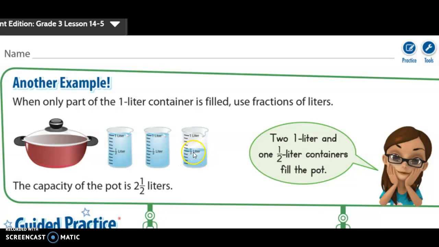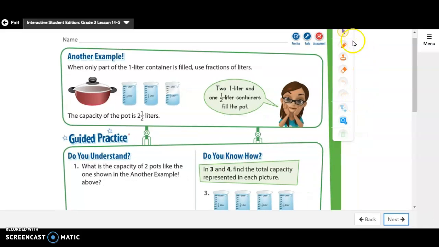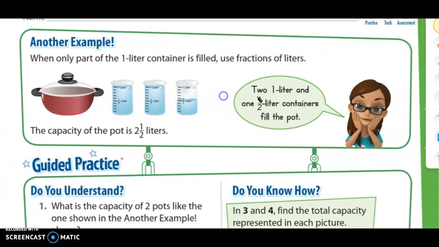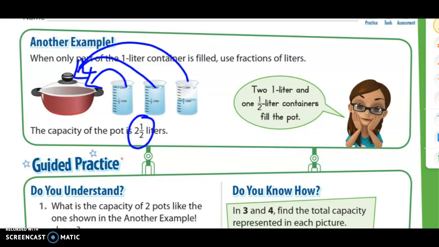This one is only marked about halfway up, so we would call that half a liter. Okay, pretty simple, just regular fractions, just thinking of it with that liter on the end, talking about measuring the volume. So if we're saying these can all fit in there, I would say the capacity of this pan or this pot is 2.5 liters.